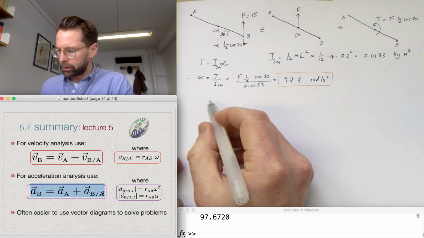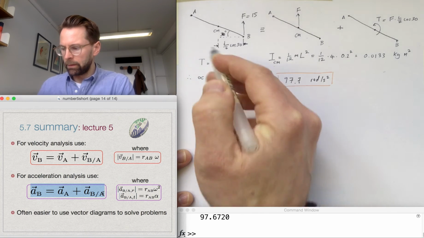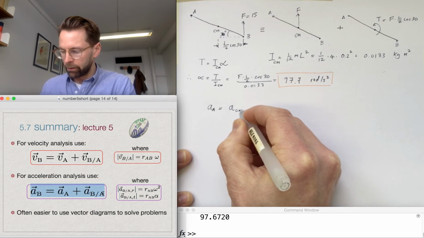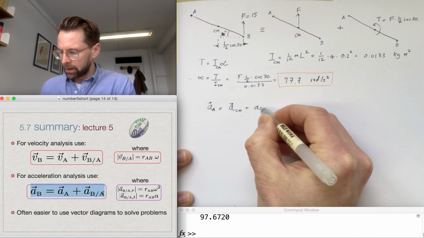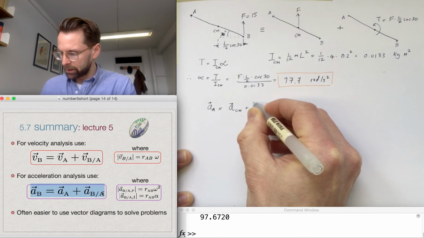So actually what we're going to be trying to solve is the acceleration of A, this point here, is equal to the acceleration of the centre of mass plus the acceleration of A relative to the centre of mass.